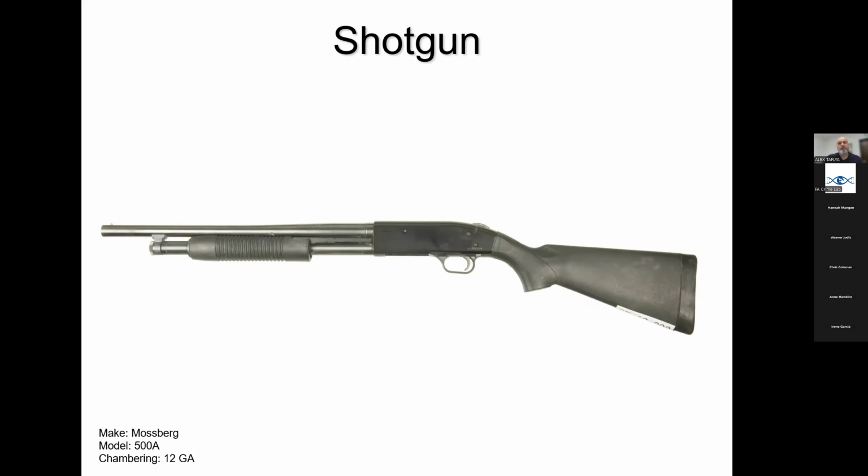Those are fine pellets, or you can have something like double-aught buck, which is what law enforcement tends to carry, and that will fire 8 to 9 .38 caliber pellets at the same time. You can also fire a slug, which is a single projectile that will come out of the barrel. And shotguns can also be less than lethal. So they can be a beanbag round or a pepper spray.